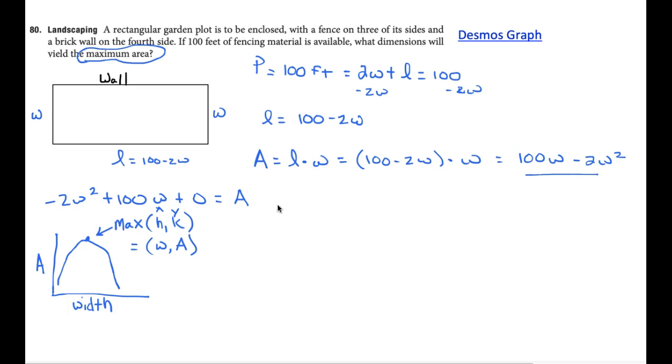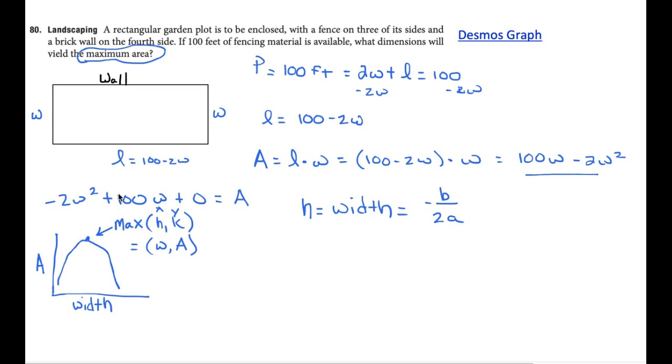All right, so in the h, k equation, our vertex equation, we know that h in the h, k is, in this case, the width w. I'll write it out because I know all these different variables start to get confusing. It's going to be negative b over 2a. Well, what's b and what's a?